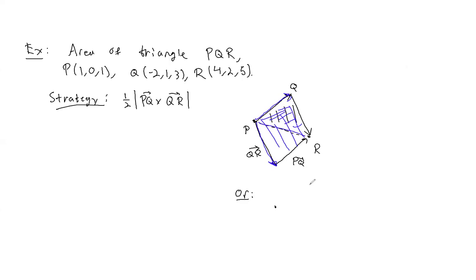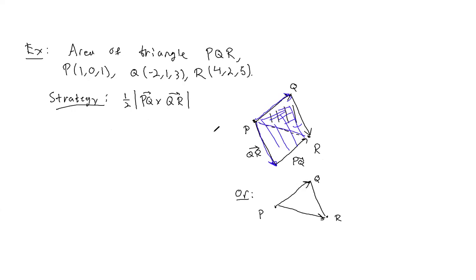Or, same figure, PQR. Again, we're trying to find the area of this triangle, doing my best to make it the same triangle. But you want to do PQ and then PR.